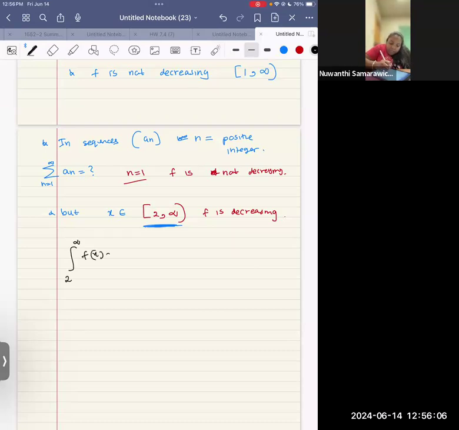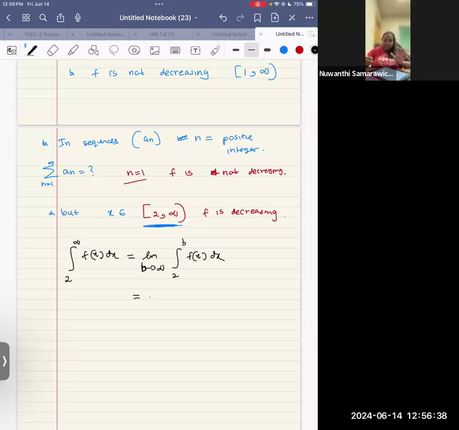Can you all check what is the value for this? From 2 to b. Let me explain, Lexi.